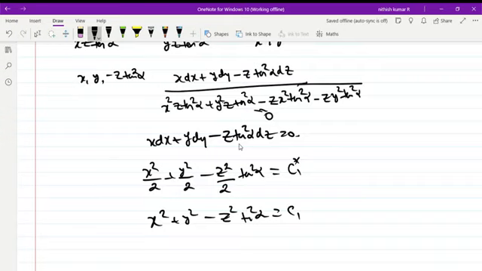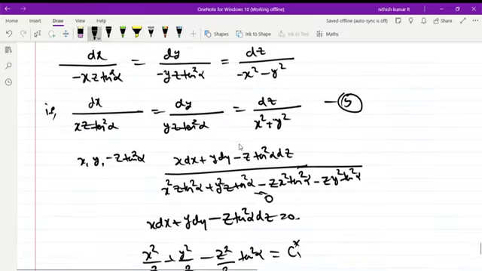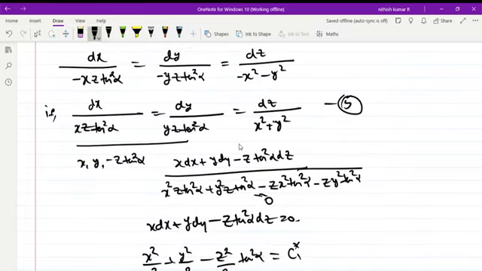Okay, so if you observe, we are getting once again the same equation, and let's take c1 is equal to 0. We are just taking c1 as a constant. Now moving further, compare these two ratios.